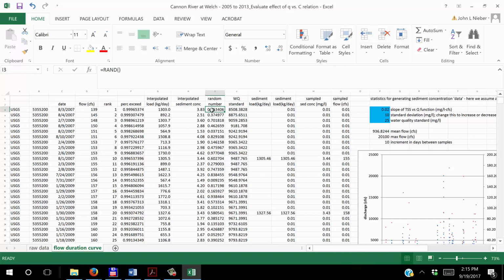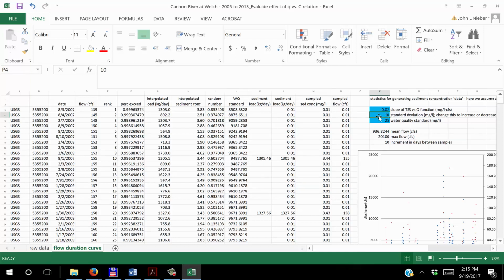The argument for a random number generator is equals rand of, and there's the argument inside. You don't actually have to put a number in there. This will generate a random number between 0 and 1. That random number is then multiplied by the standard deviation, which is the number that I've got here in this row.